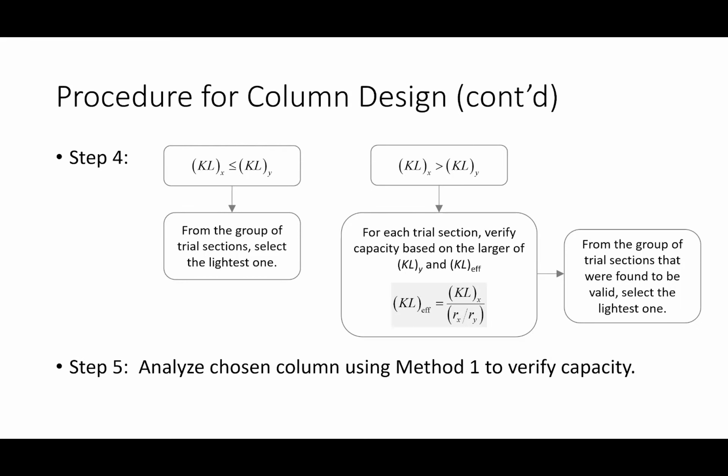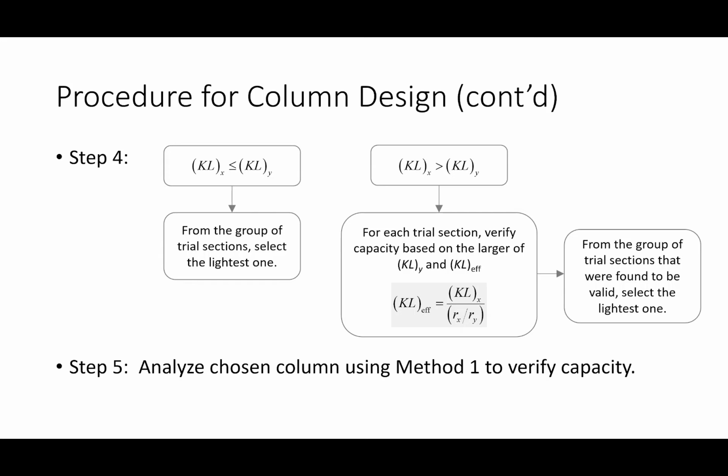What do I mean by check them? Well, I am choosing based off of the weak axis. What about the strong axis? Well, if KLX is smaller than KLY, the problem's done. Just pick the lightest one, move on. But if KLX is bigger, for each one of these trial shapes, we need to check the strong axis and see if it's going to work or not.